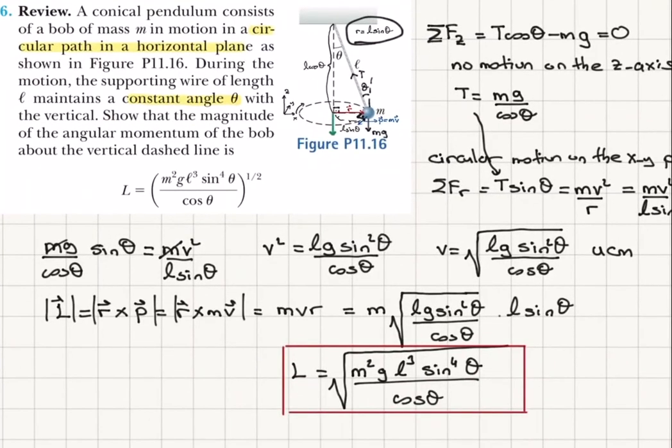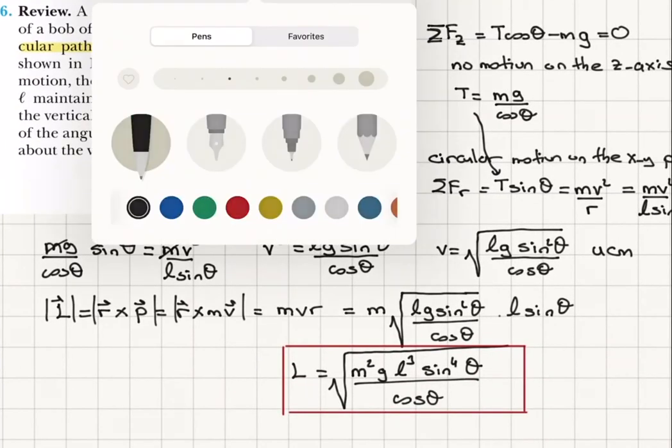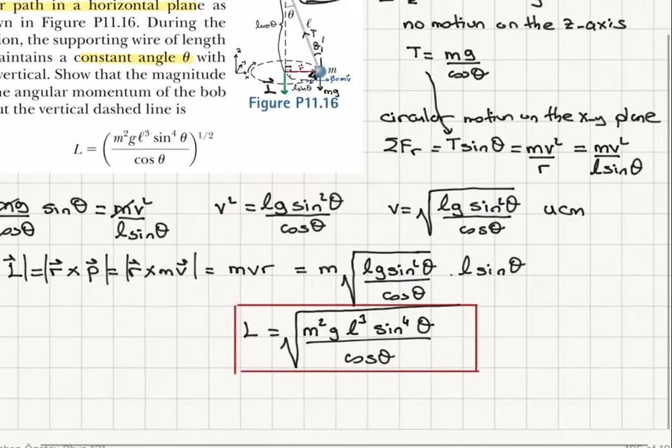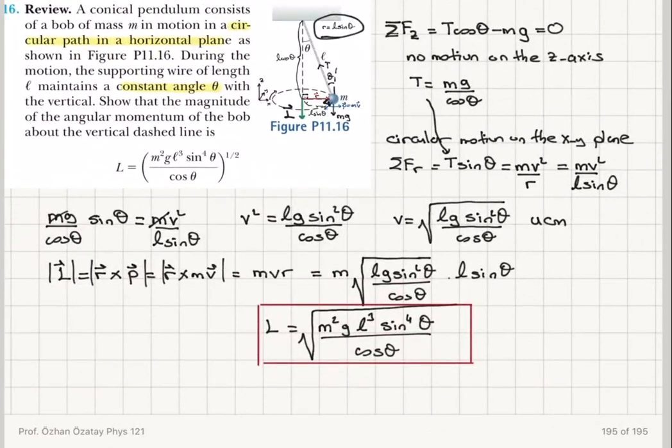So if I plot this vector here, this is in the negative z direction, and this is going to be my angular momentum vector. So this is the angular momentum. If you wish, you can write it as in the minus k hat direction according to the coordinate axes that I have set up here.